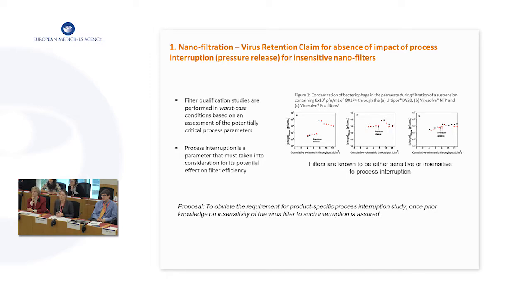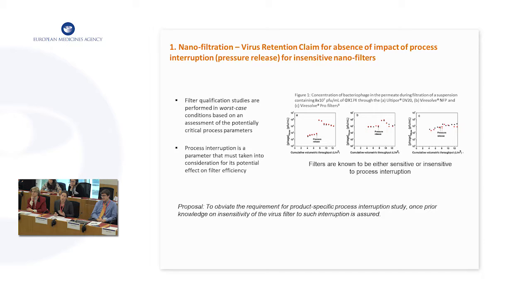In addition to the model viruses that are utilised to challenge the virus filters, there's obviously significant emphasis on understanding and qualifying the worst case conditions that are utilised for virus filtration under GMP conditions, and thus ensuring what the potential critical process parameters are.